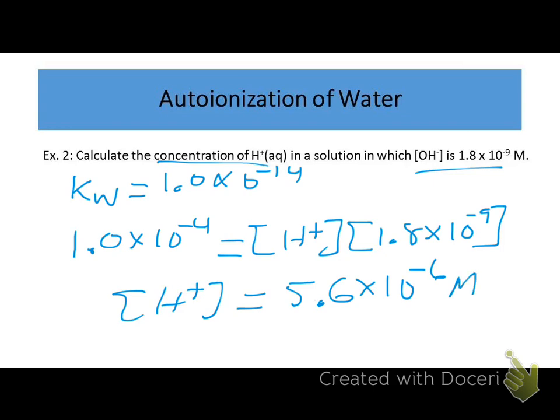All right? So this equation using Kw and the equilibrium expression for Kw is a nifty way to find either the H plus concentration, or we can reverse that and find the OH minus concentration in an aqueous solution. And it becomes very handy in this case. So just basically spend some time understanding the autoionization of water. Remember that water reacts with itself.